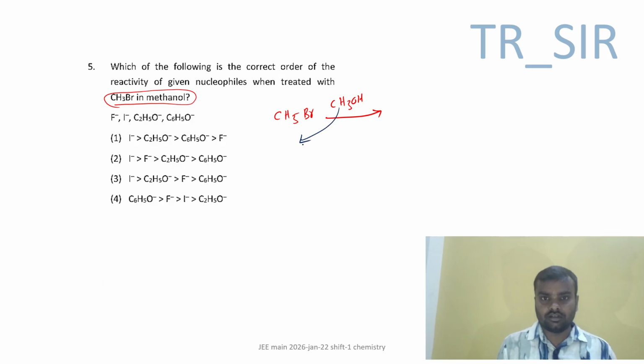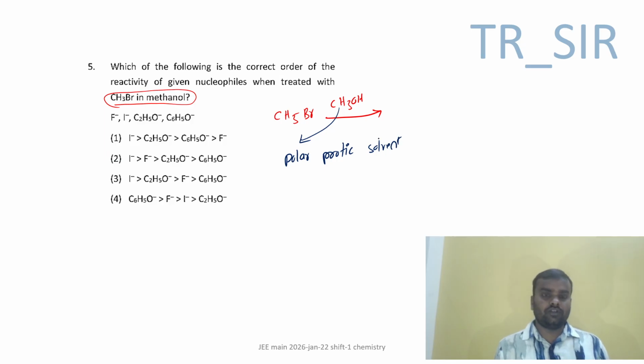Generally, down the group in the periodic table nucleophilicity increases, because solvation takes place. F minus, being small, gets solvated.